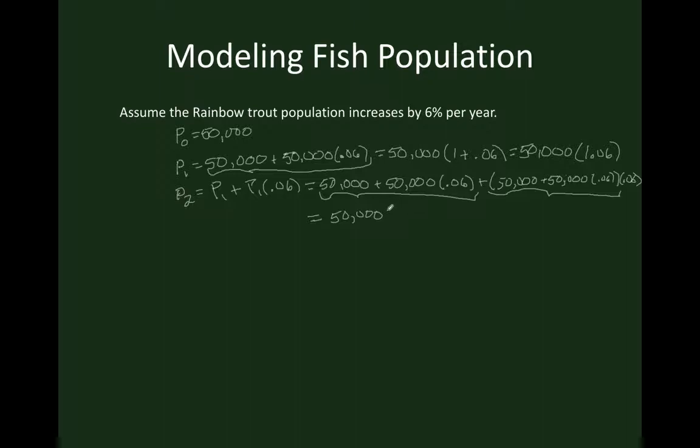And hopefully you're noticing the amount of arithmetic here can be pretty intense. I really didn't write that very well, but that's supposed to be a 1 and then a 0.06, so let me just cross that out. 1.06. 50,000 times 1.06, and then it's plus another 50,000 times 0.06 times 1.06.